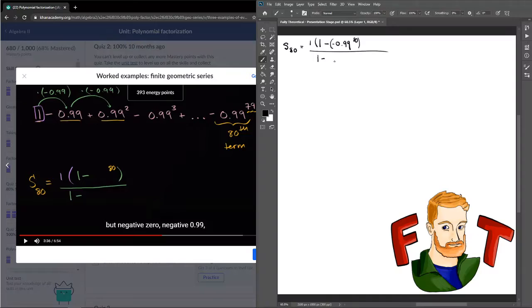So 1 minus negative 0.99. So that is minus a negative, so that'll be 1.99.